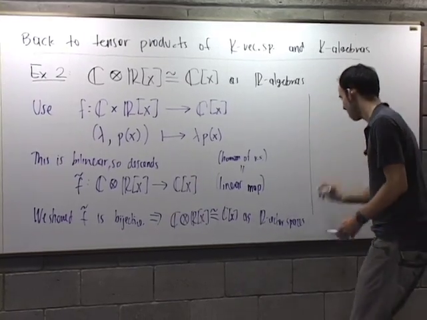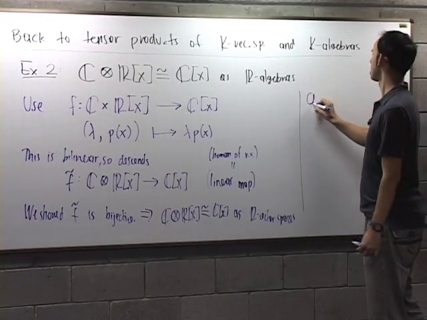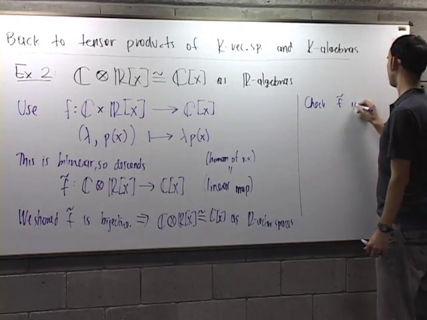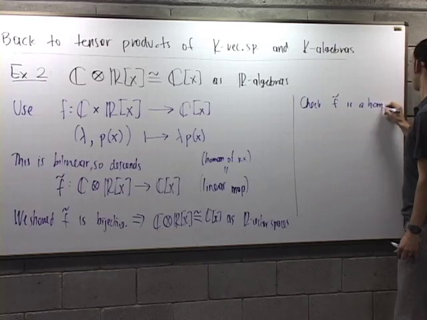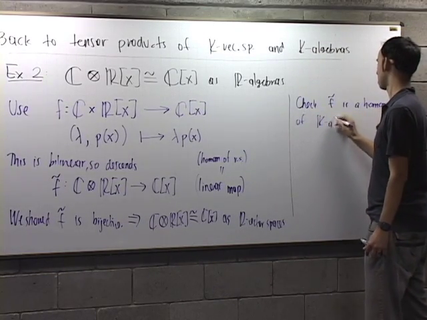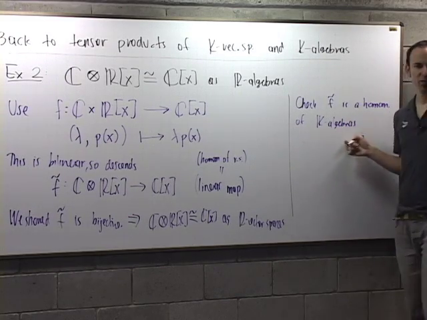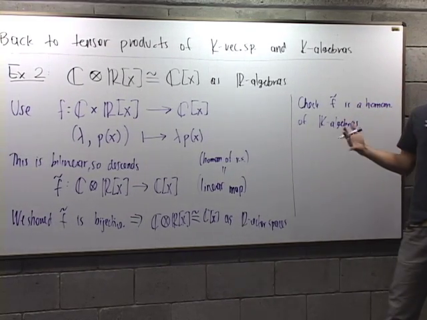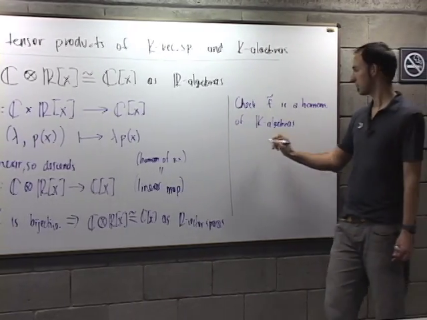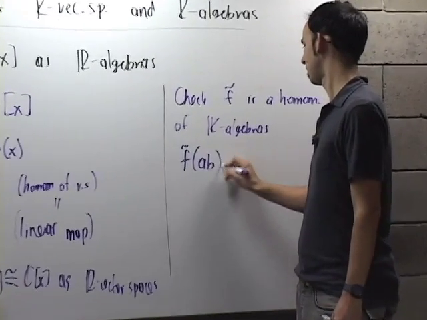And so to check that, we need to check that F bar is a homomorphism of K algebras. And to be a homomorphism of K algebras, we already have all the properties except the property that this should preserve multiplication.